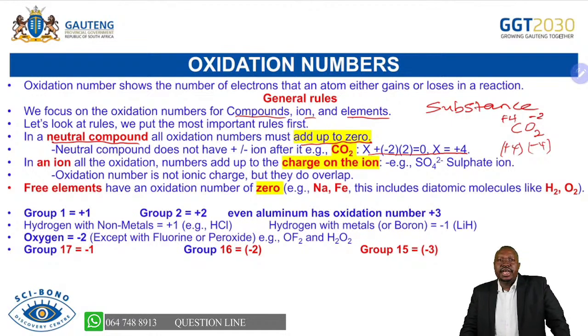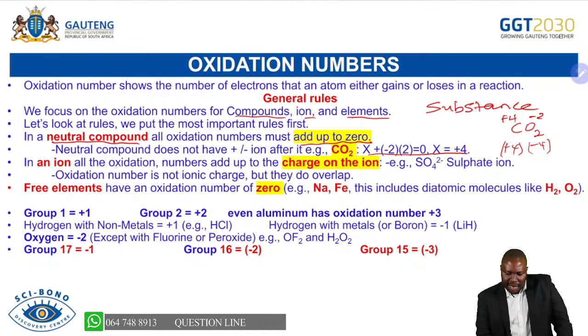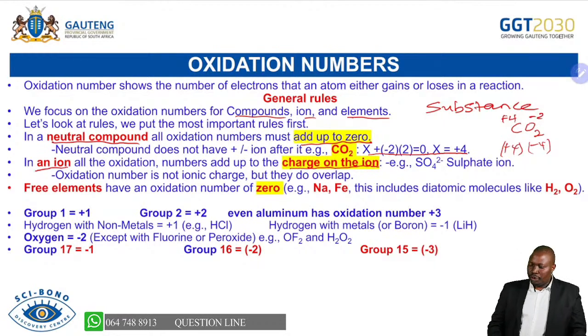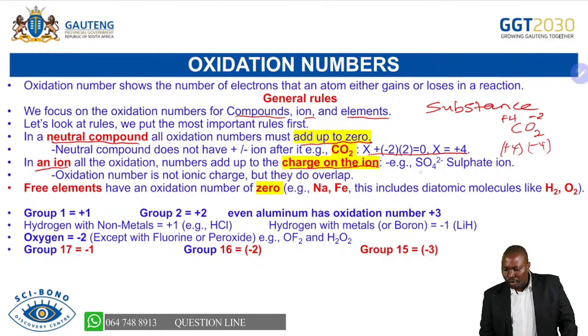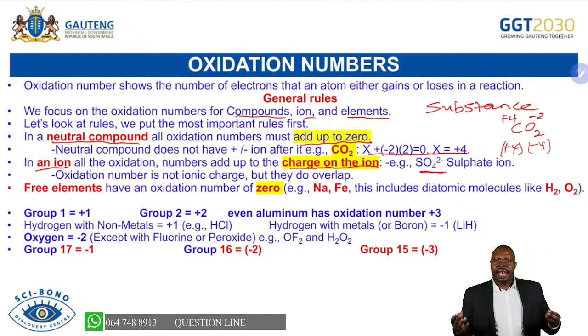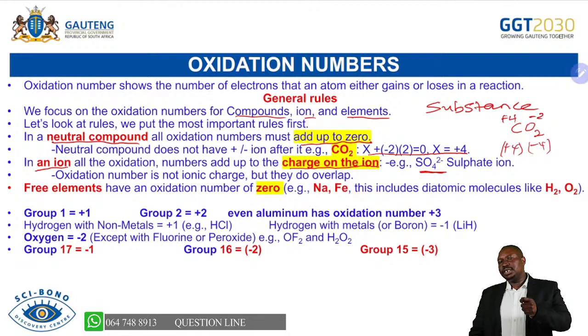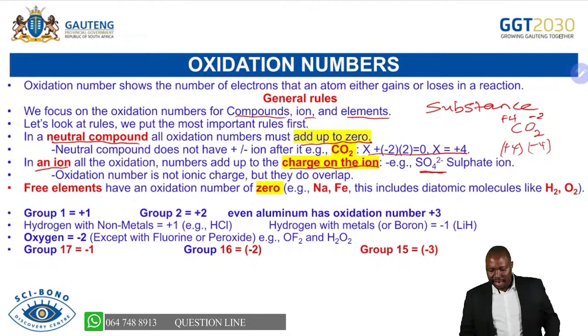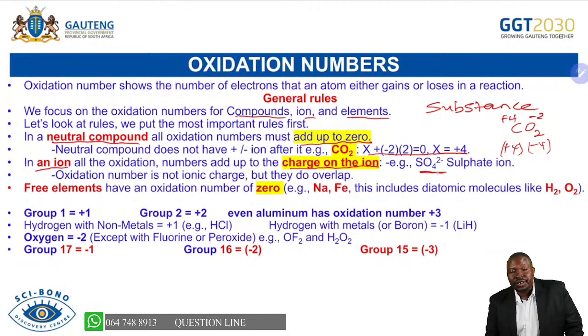Now let's look at when you are having an ion. We're saying when you have an ion, the numbers must add up to the charge on the ion. So, for example, we gave you the sulfate ion there, SO4 2-, which means at the end of the day, when you add them up, your answer must be -2. Remember, you have 4 oxygens, which means 4 times -2, which is -8.